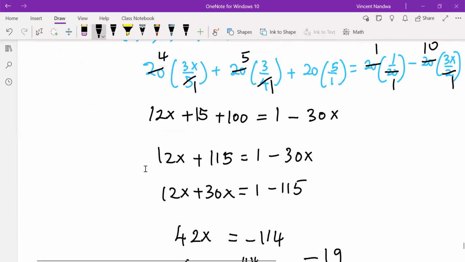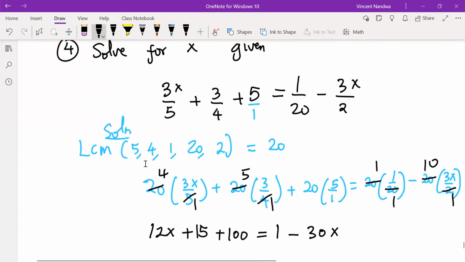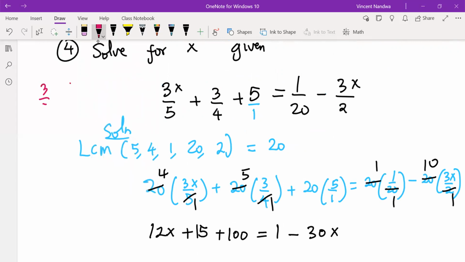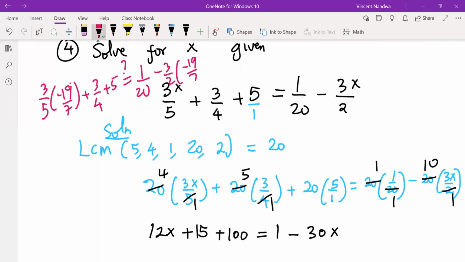So let's confirm that answer. We'll have 3 over 5 times minus 19 over 7 plus 3 over 4 plus 5. We should check whether it is 1 over 20 minus 3 over 2 times minus 19 over 7.